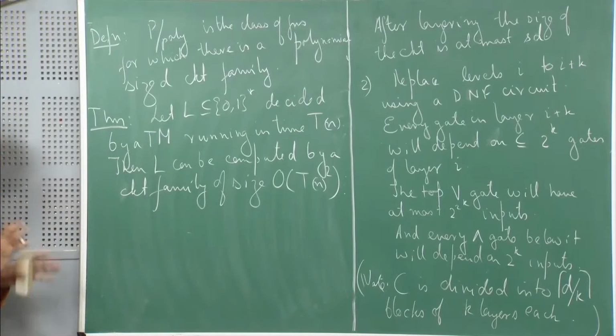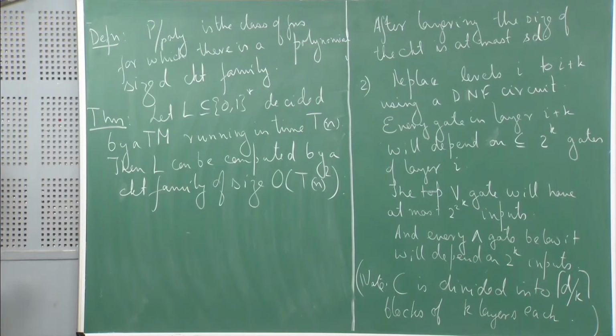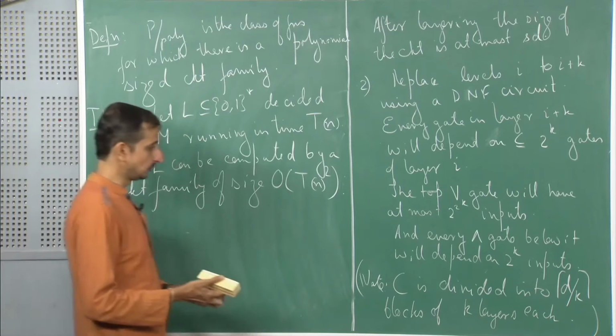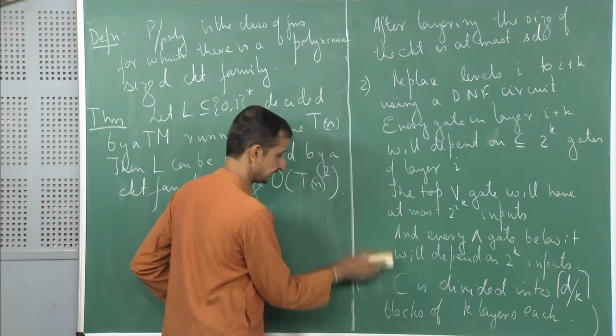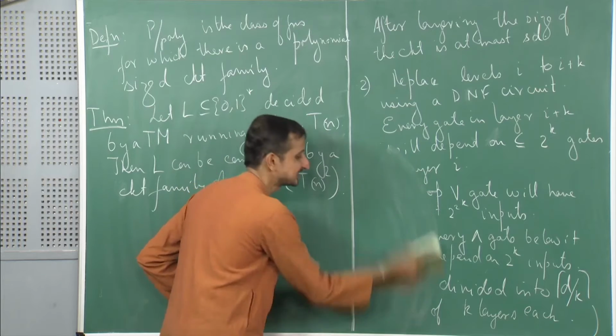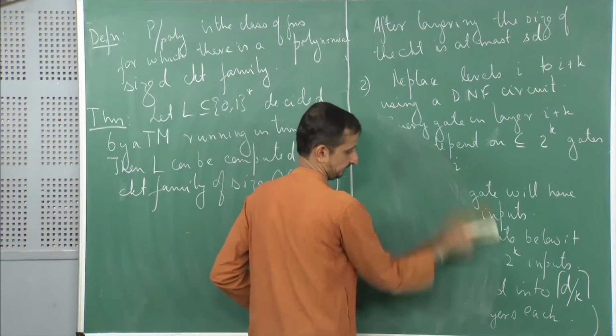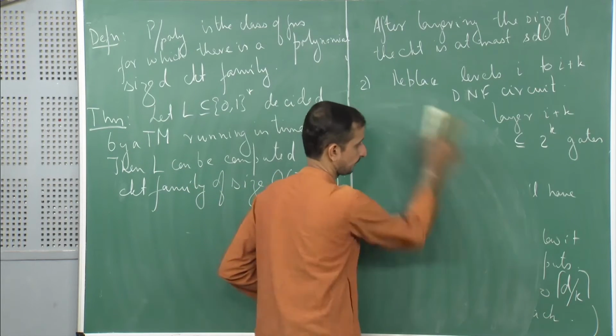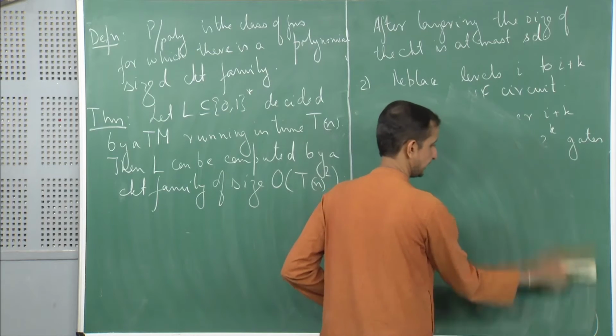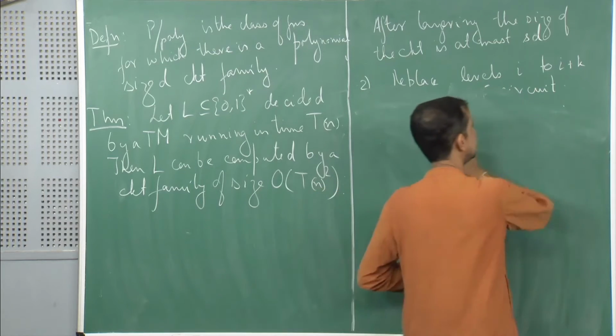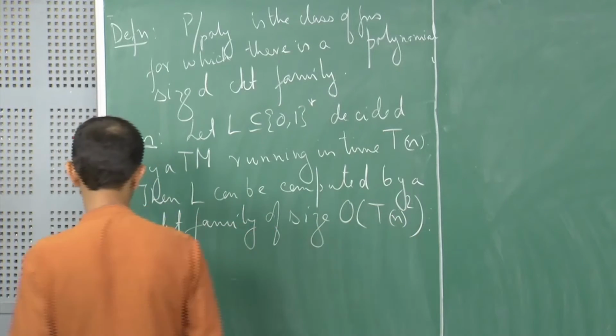I will just quickly go over the proof, because if you have seen it, it is good to revisit it again, but otherwise I will skip maybe some details that can easily be filled in. Okay. Let us look at a sketch of the proof.